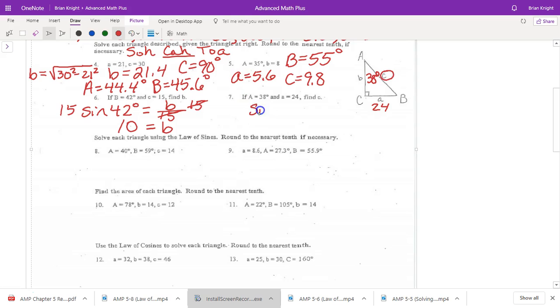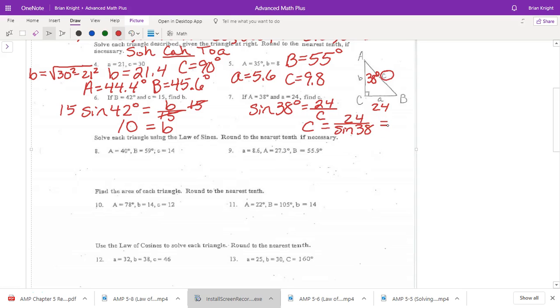All right, so sine of 38. Your teacher really should have given you some variety here, but he didn't. What's sine of 38 equal to? 24 over C. So my variable is on the bottom, so we swap them, right? C will equal 24 divided by sine of 38.